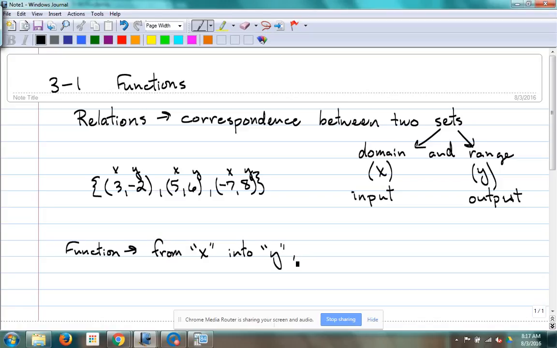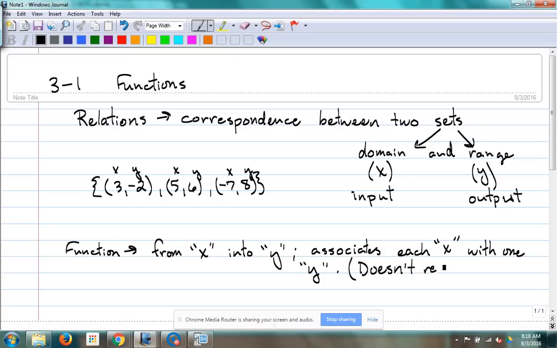From x into y, what it does is it associates, correspondence associates, same word, each x with one y. Each x with one y. It doesn't repeat x values.